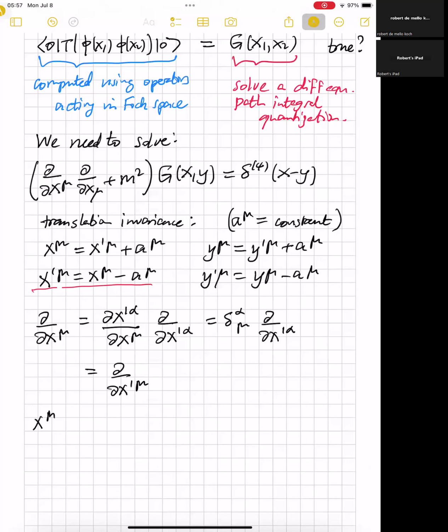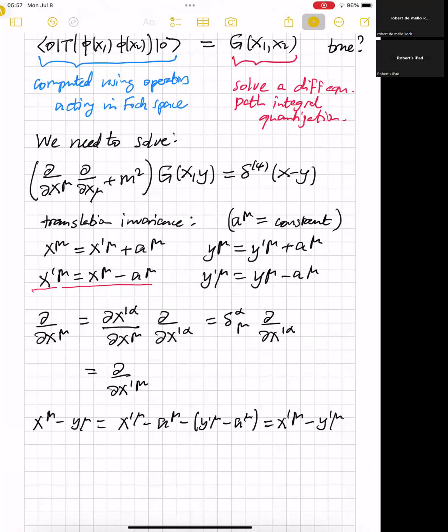Then let's look at x^μ minus y^μ. What is this equal to? Well, that's x'^μ plus a^μ minus y'^μ plus a^μ. And what you can see, look at the a^μ's, they cancel. And we simply land up with x'^μ minus y'^μ.